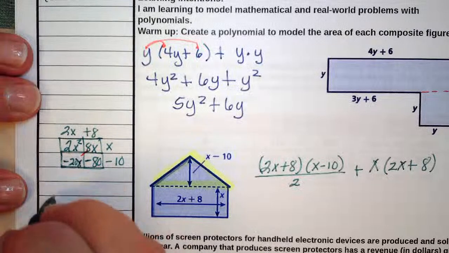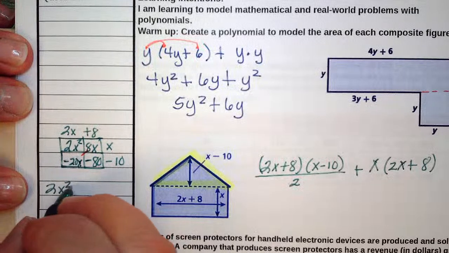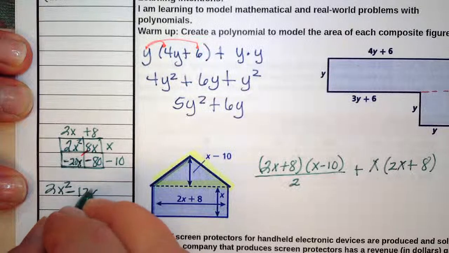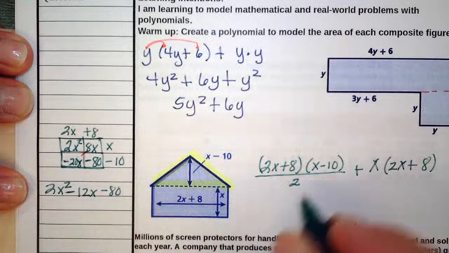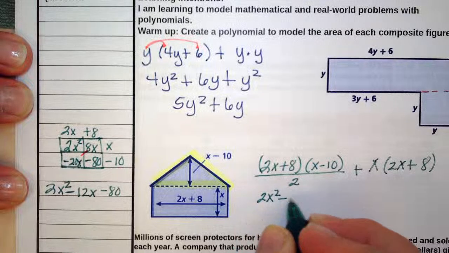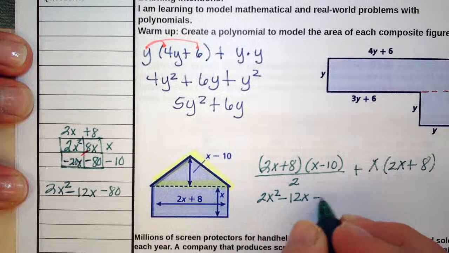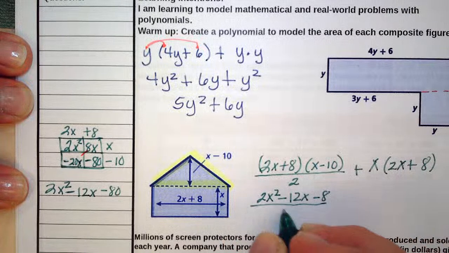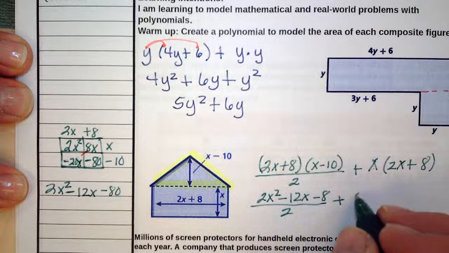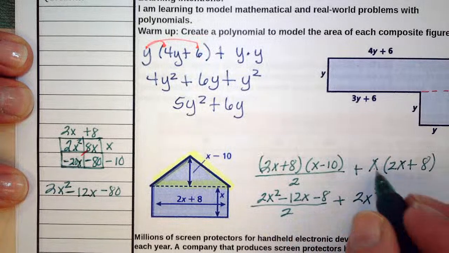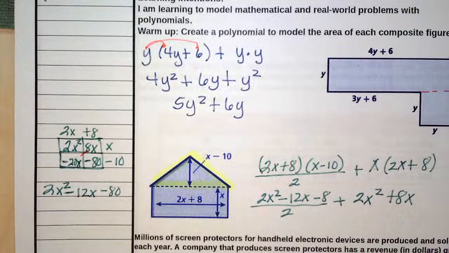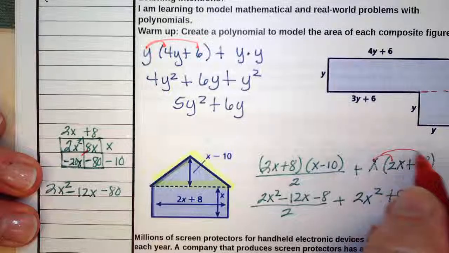You've got 2x squared. 8x minus 20x is negative 12x minus 80, all over 2. X times 2x is 2x squared. X times 8 is 8x. Remember, we're distributing the x to both of them.